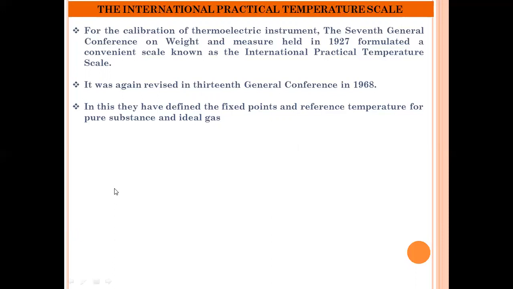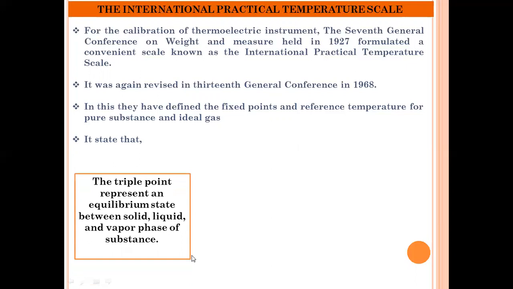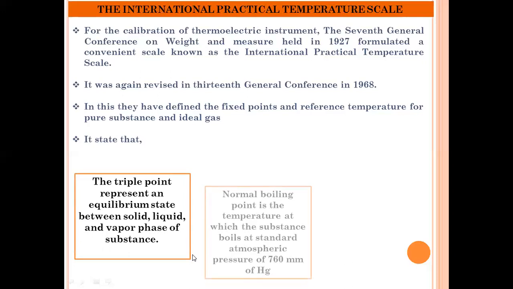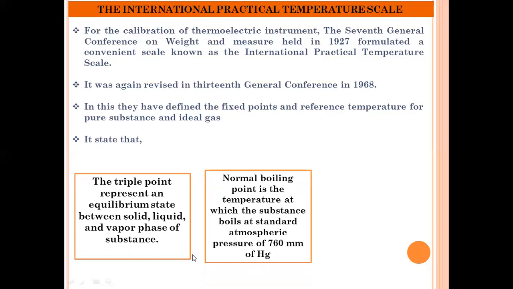In this conference they gave three conclusions. First, the triple point represents an equilibrium state between the solid, liquid and vapor phases of the substance. Second, the normal boiling point is the temperature at which the substance boils at standard atmospheric pressure of 760 mm of Hg or 1.01325 bar.